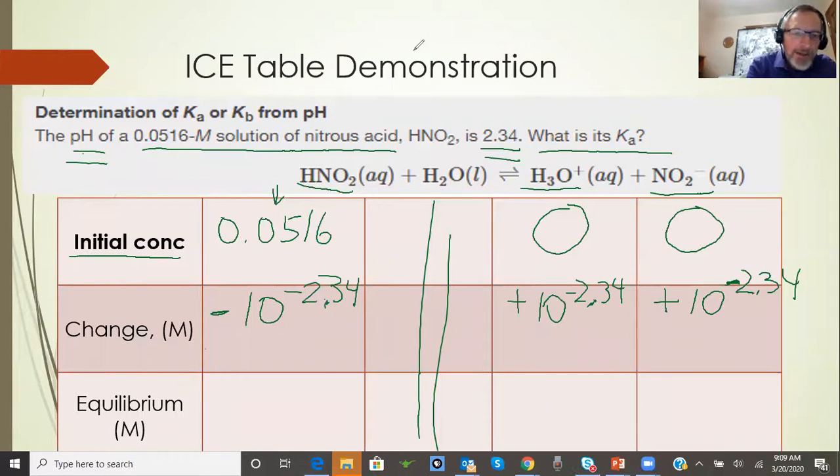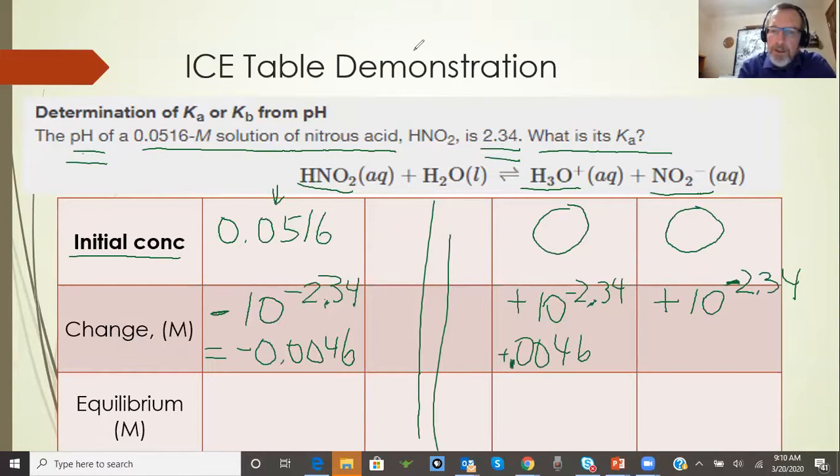Let's go ahead and figure that out, and you can certainly do that on your calculator and check me. But I think you're going to find that that's roughly 0.0046. That's a minus. And this is a plus 0.0046.